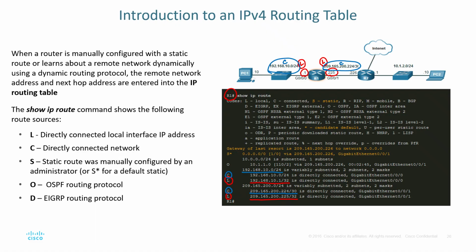Thirdly, I have a static route that I created as the administrator. So my static route is here. And we'll get into a little bit more as we go along what exactly this default route does.